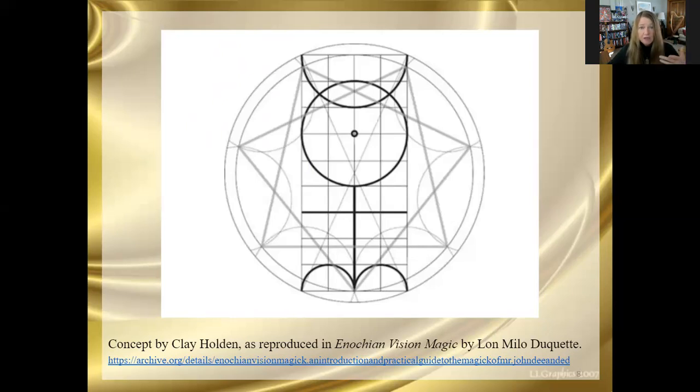Anyway, there are some other things that you can come up with if you actually draft this. I am fascinated by this concept that Clay Holden had from his study of the Monas Hieroglyphica, and this is how that concept is reproduced in Duquette's Enochian Vision Magic, and I'll drop this link below. What he does after he's finished, then he puts another circle around and so on.